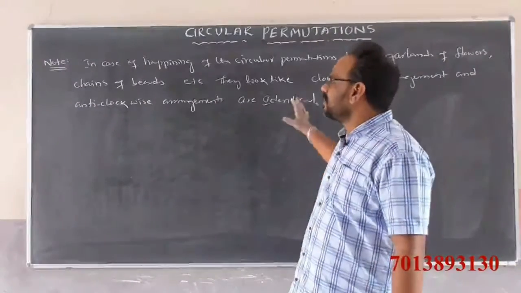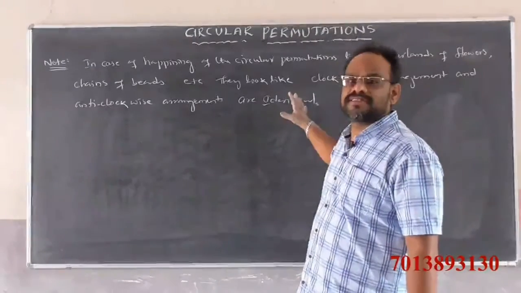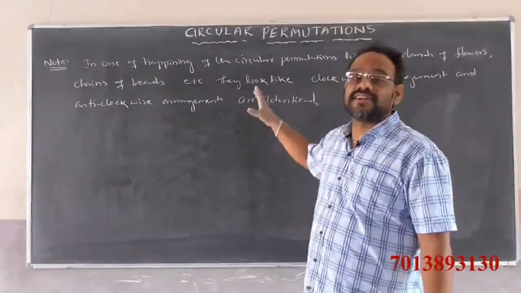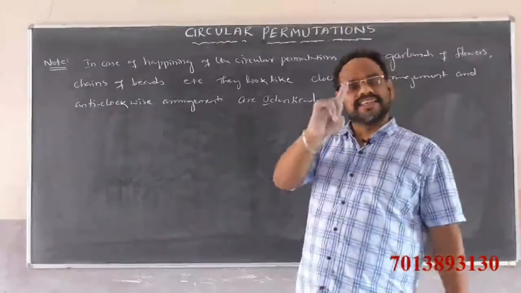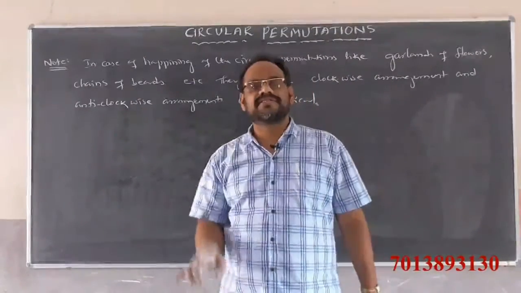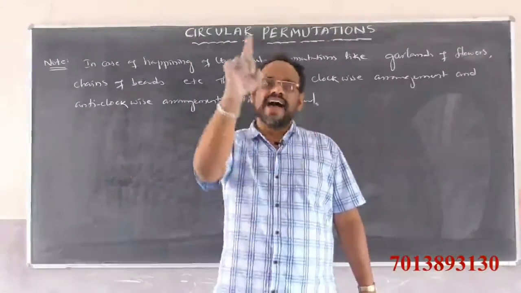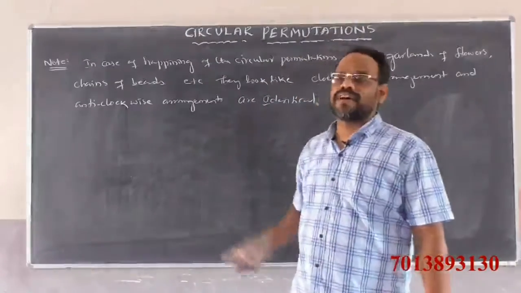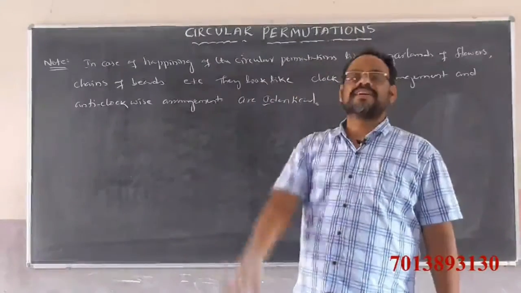So in these special cases, circular permutations in both directions are treated as a single permutation. Clockwise direction and anti-clockwise direction are both treated as only a single permutation.